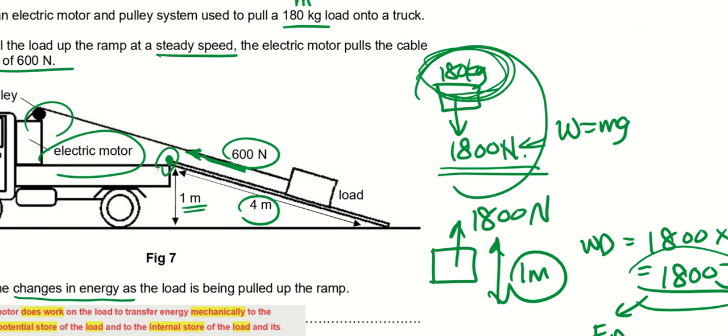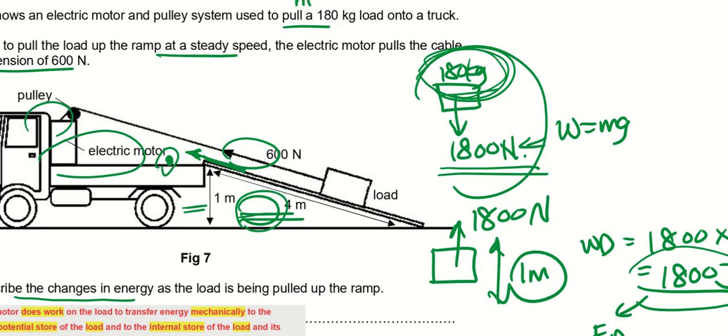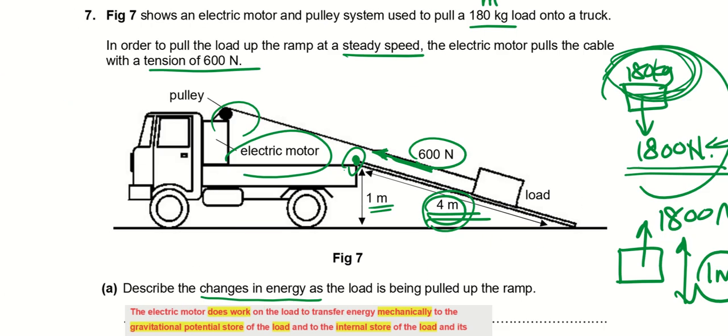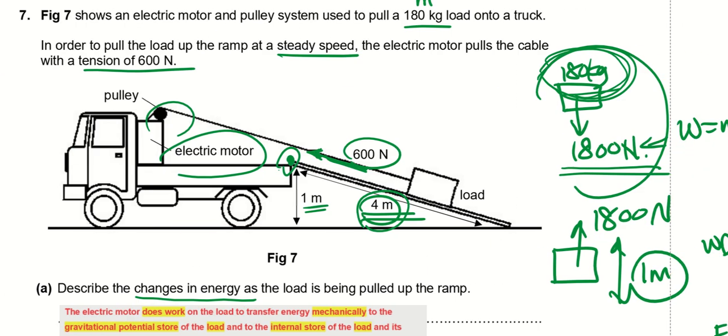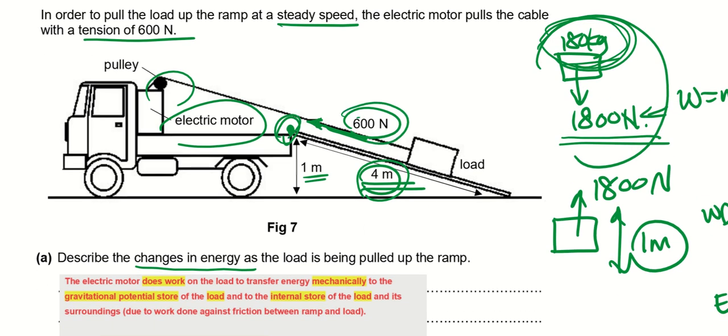It's very massive. So that's why we have to use the slope to help us. So you see, even though using the slope requires more energy because there's friction involved, I can actually lift up the load easily to this point, because the force needed is 600 newtons versus the force of 1800 newtons.